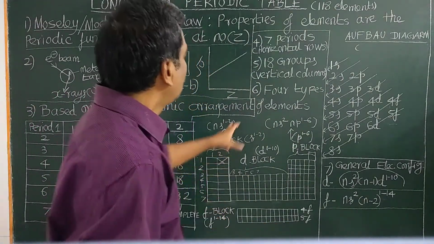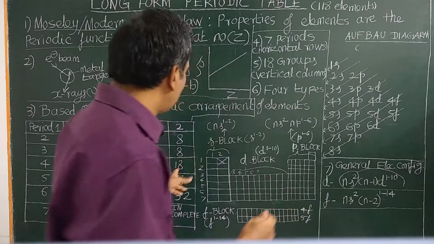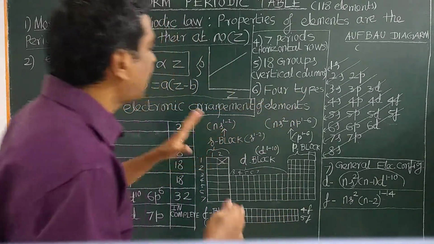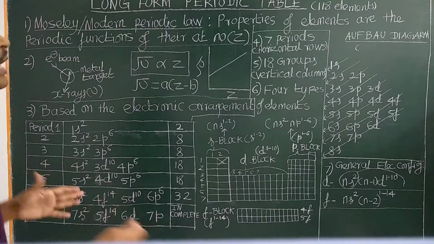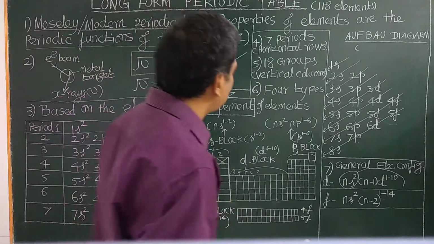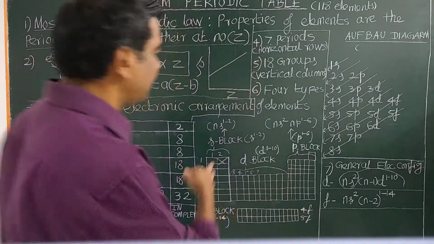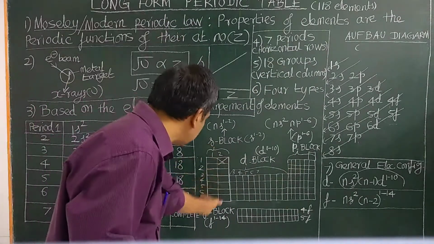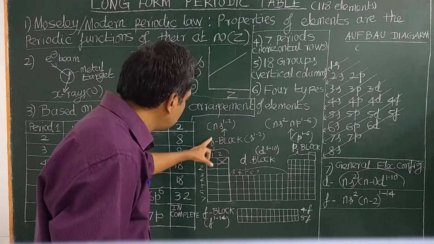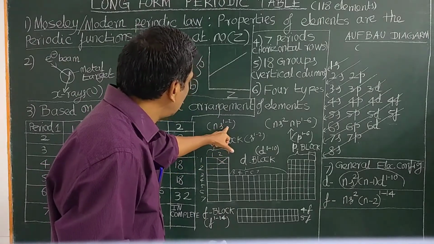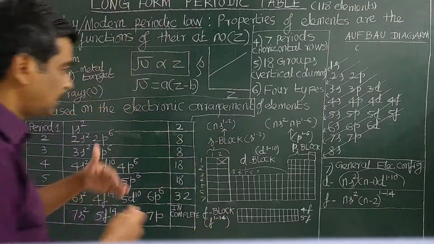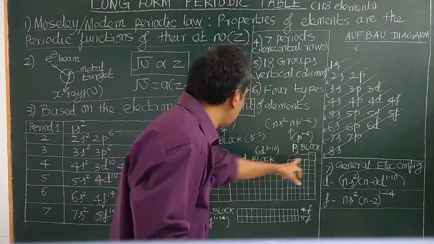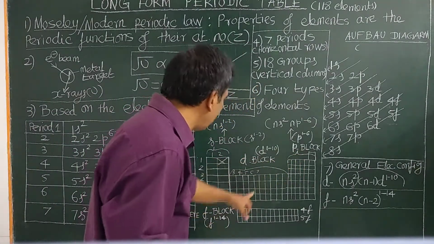Now, based on the electronic configuration, the modern periodic table is classified into 4 types of elements. They are s block elements, p block elements, d block elements, and f block elements.